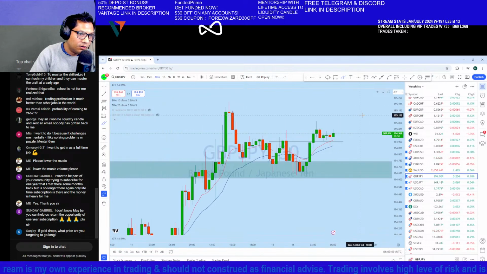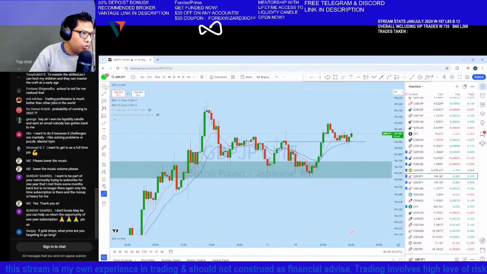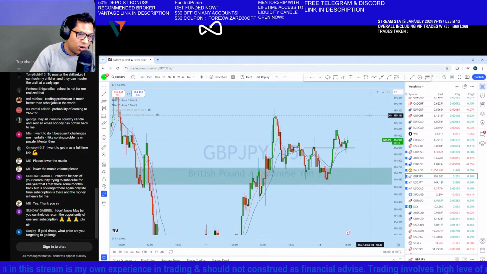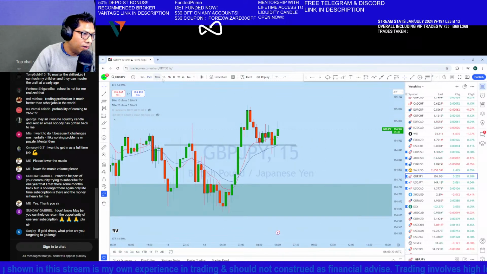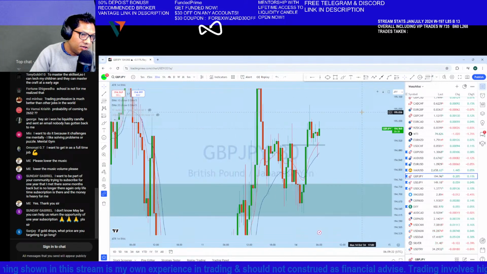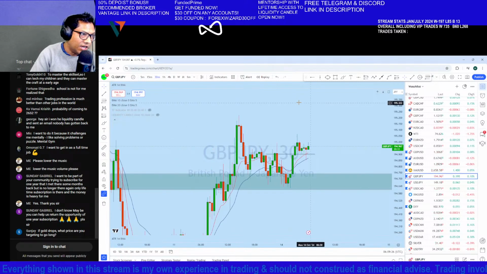If we look at the lower time frame, the 15 minutes perspective, we can see that on this lower time frame as well, GBPJPY, after grabbing liquidity, managed to bounce. So the bias here is still to the upside after this bounce because the trend is up.